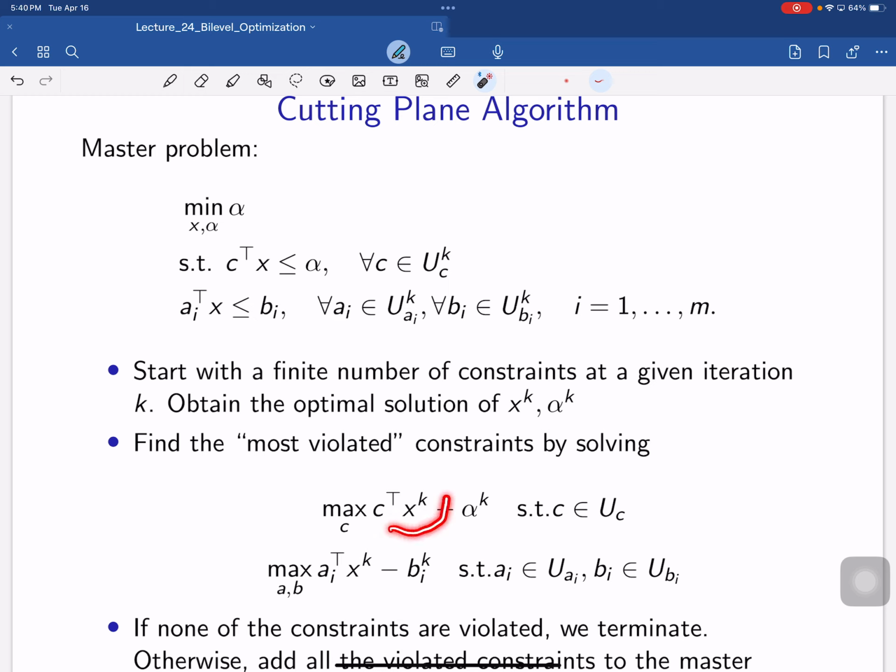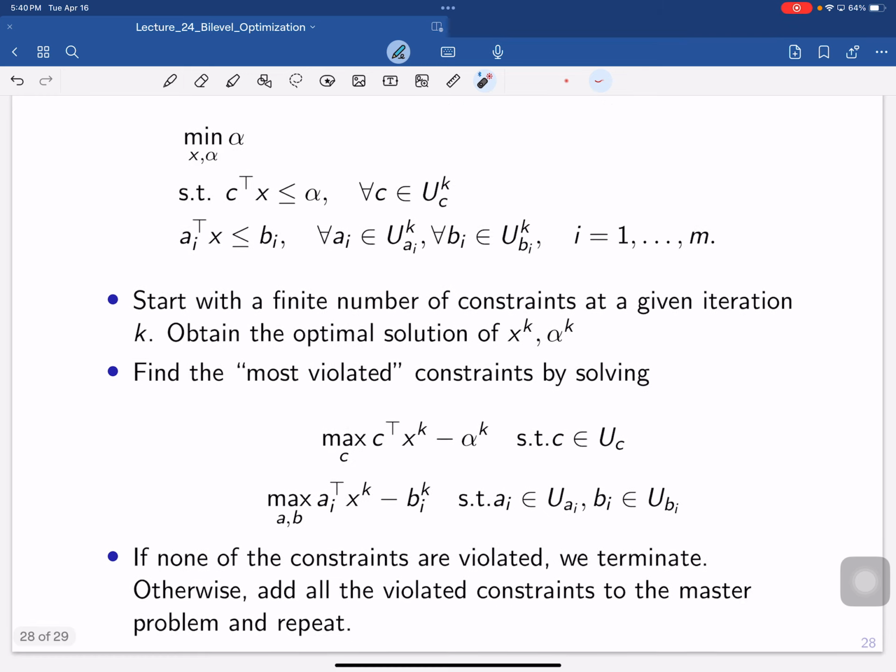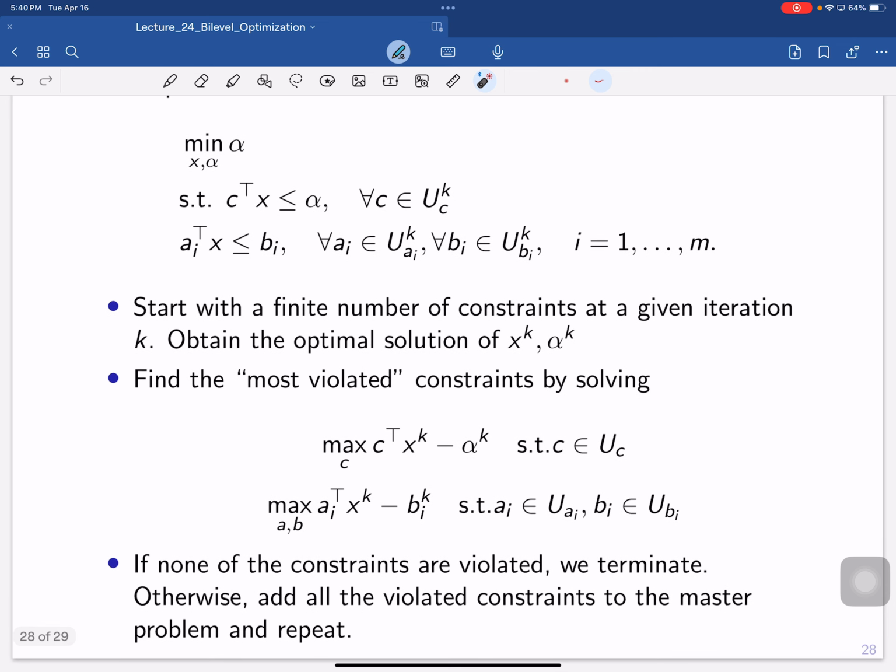Now we fix x^k and alpha^k, and then we find the vector c that belongs to the set U_C to maximize this violation. Then you are basically finding the maximum violation of the constraint. And if this U_C set is a convex set, then this is a convex problem: linear objective with convex constraint.